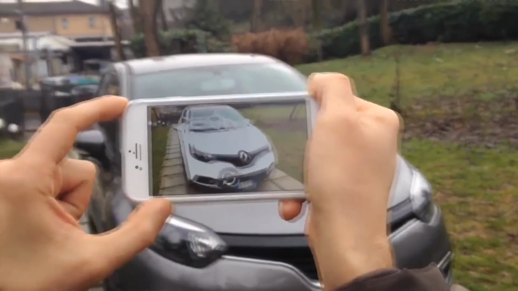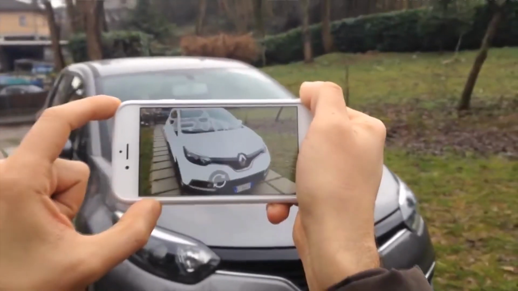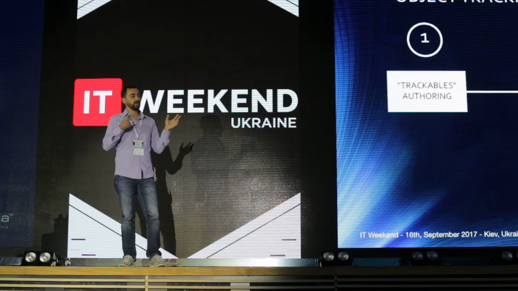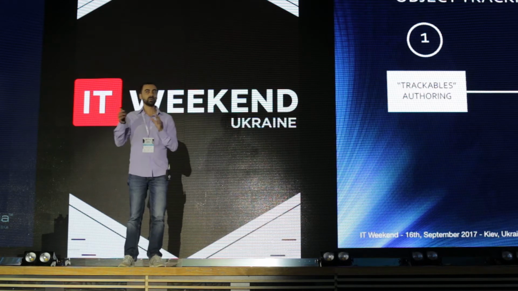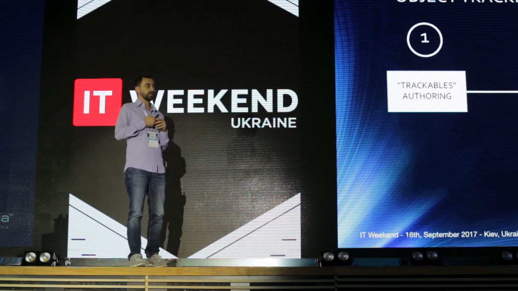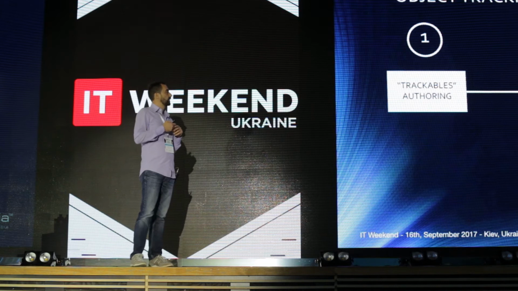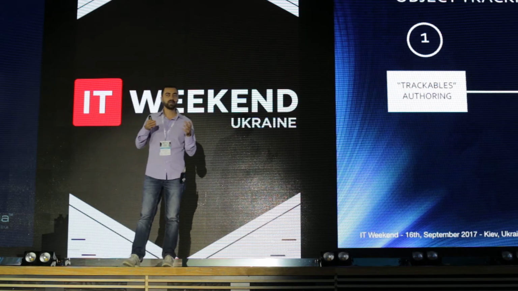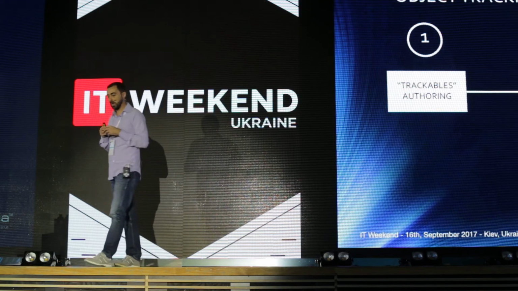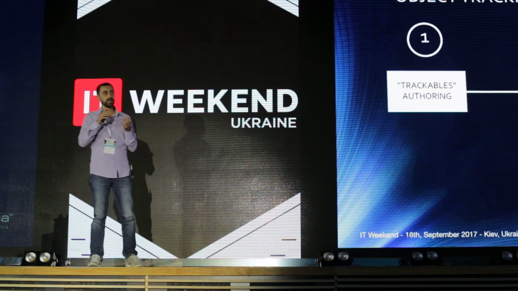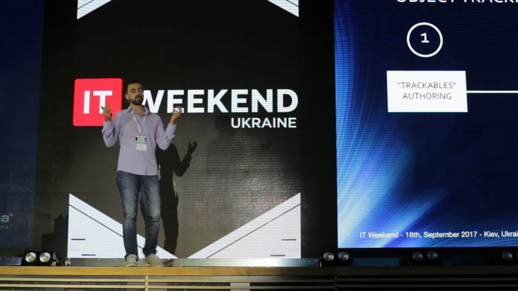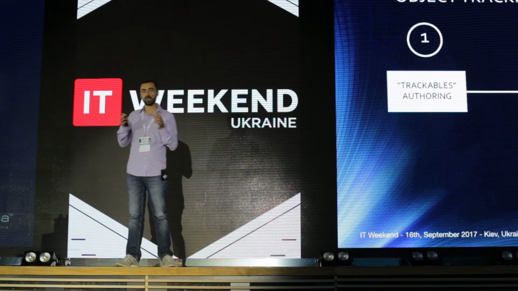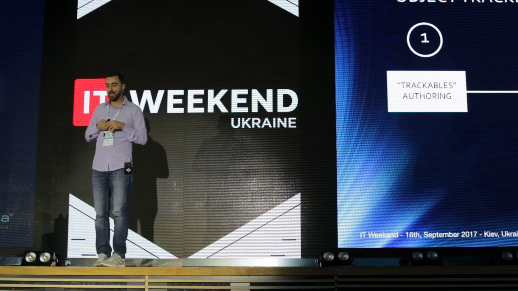So in order to compare these methods, let's consider the phases that one has to pass through in order to create augmented reality experiences in general. The phases are this one, and specifically the trackable authoring phase is where you define the object that you want to track, and also where you define the coordinate system where all the contents will be placed with respect to the tracked object.